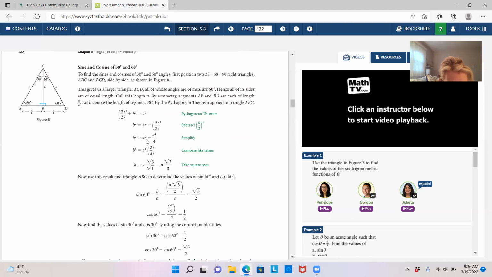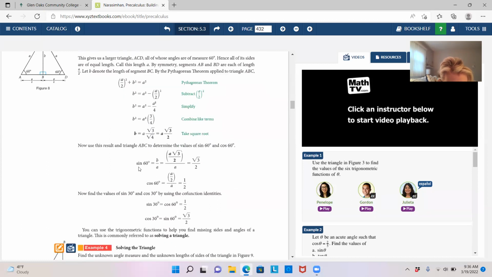When you square that, you get A squared minus A squared over 4. So you have 1 A squared minus 1/4 A squared, which is 3/4 A squared. B is the square root of that, so B is always equal to A times the square root of 3 over 2.